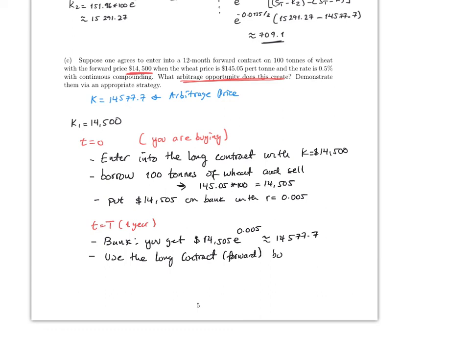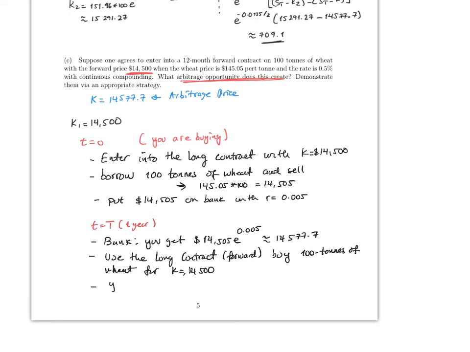Then you buy 100 tons of wheat for K, which was 14,500, and give it to whoever agrees to buy for that price.